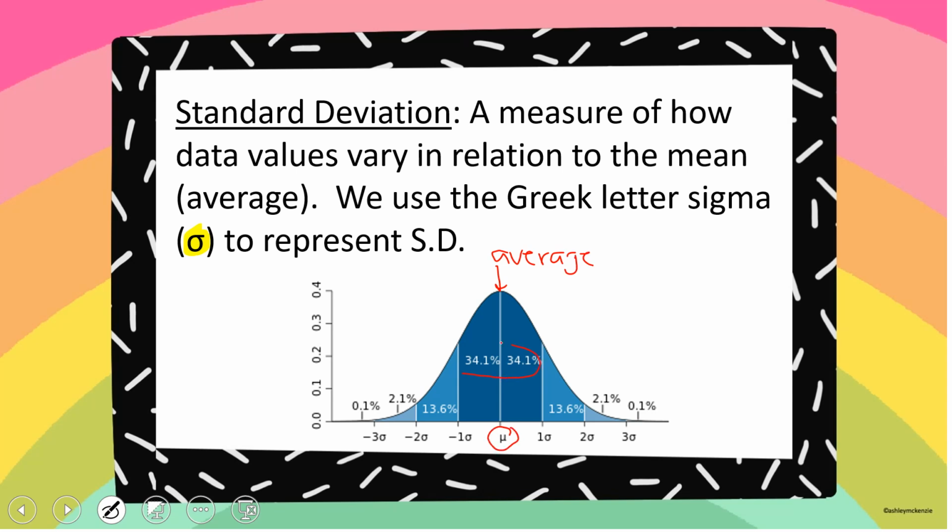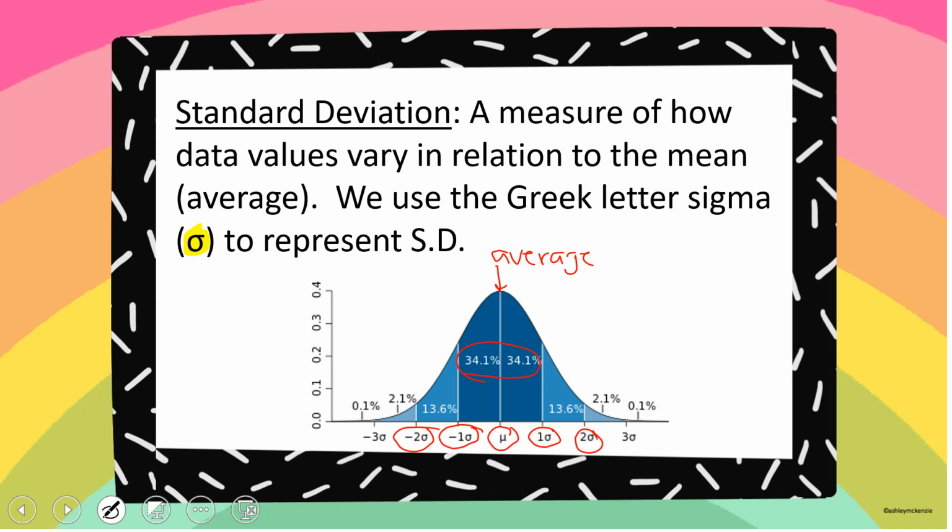Most of your data, 68.2% of your data lies plus or minus 1 standard deviation away from the mean. And then as you go further away from the mean, there's less data near the average.